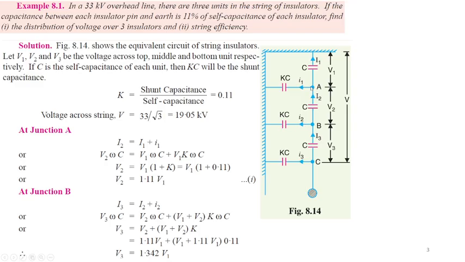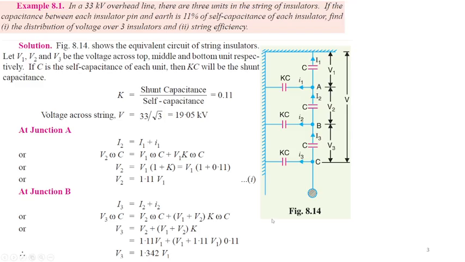This is V2, this is V1. So we can write a KVL here. The voltage across this capacitor is equal to V2 plus V1, times K C omega. After that, we will have these two equations: V2 is equal to 1.11 V1, and V3 is equal to 1.342 V1.